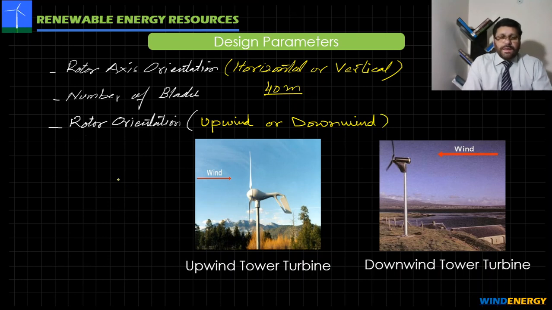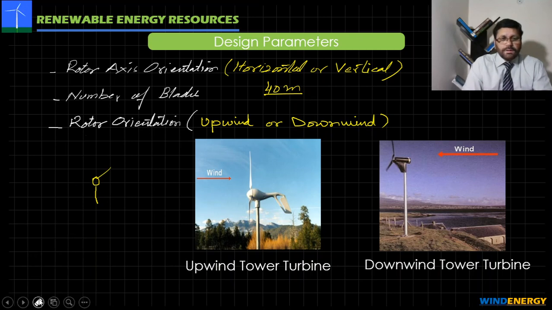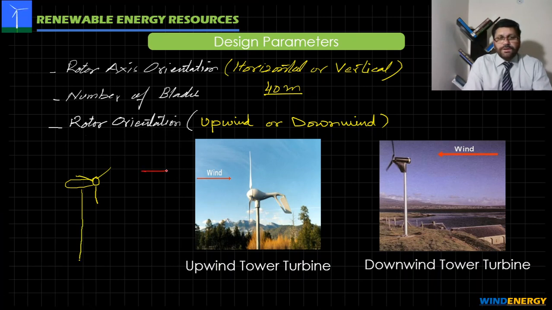In upwind wind turbines, let's say we have a turbine, and this is the rotor of the turbine, and it is facing towards the wind direction. The wind is coming from this direction. Now this is upwind turbine.